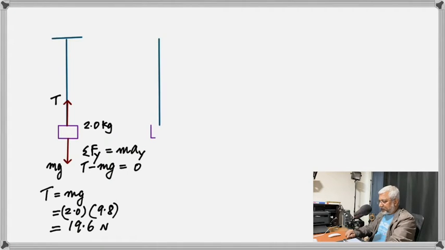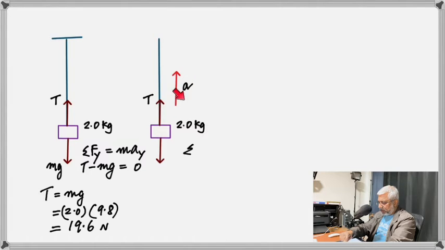So that is the case that I'm trying to show you here. It's the same mass. Okay. And so it's the same weight. That doesn't change. Now, it's moving up. As you can see, the acceleration is up. It is not 0 as in the first case. Therefore, it's the same process, the same idea.